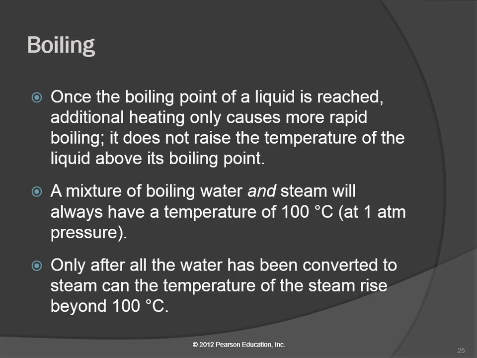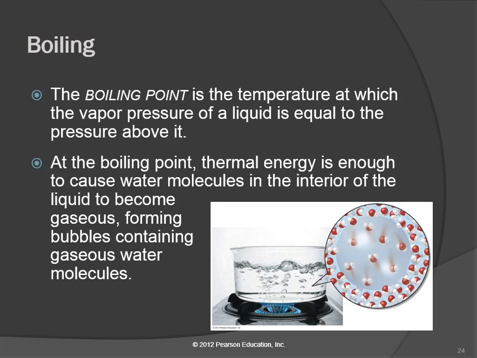Once we get to that boiling point, you can heat it more and more and more, but the temperature of the water does not increase. So let's go back to this picture because I like pictures. Remember we said there's a variation in the kinetic energy of the different water particles.